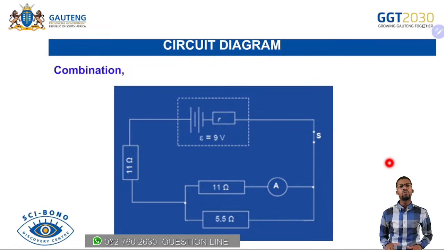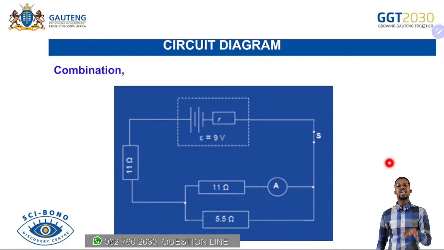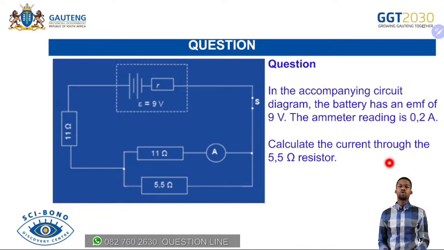So you should be in a position to distinguish series and parallel circuits. But expect a situation where you are given a circuit diagram that has both series and parallel connections. So to warm up, I am going to give you 5 minutes to respond to this question.